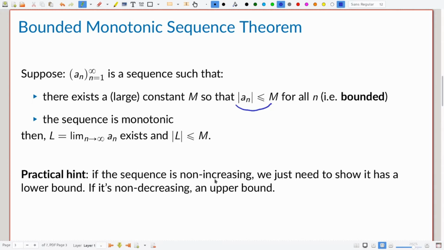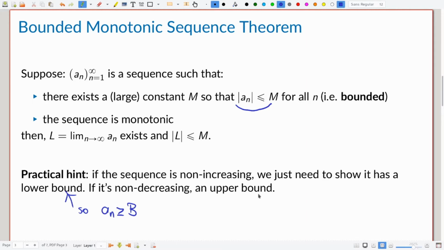For instance, if the sequence is non-increasing, meaning the values are going down, we just need to find some number, let's call it B, so that the a_n are greater than or equal to that lower bound. And if it's non-decreasing, we need to do the opposite. So that's what the bounded monotonic sequence theorem says.